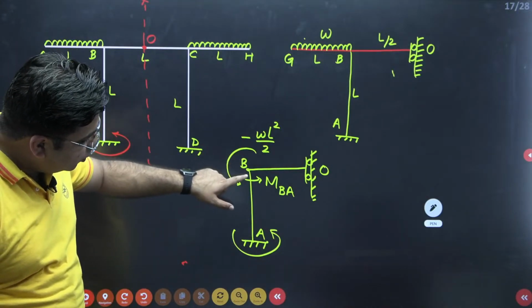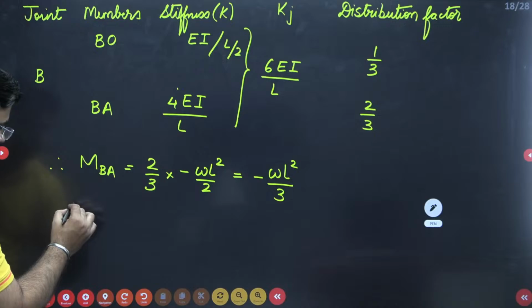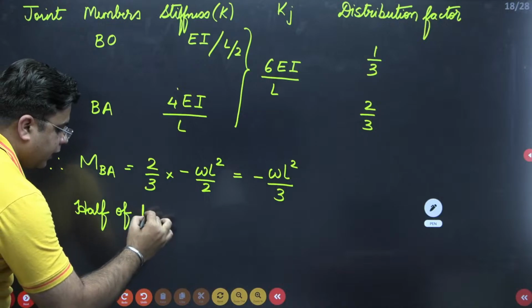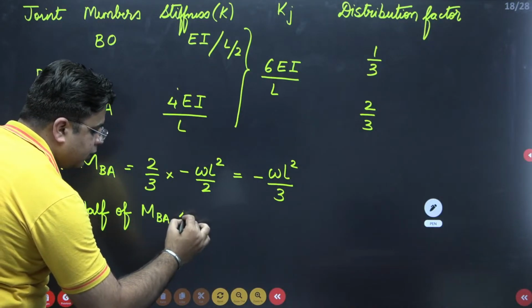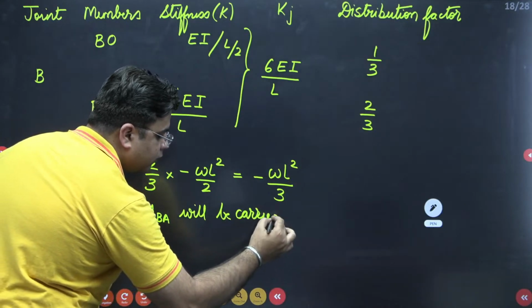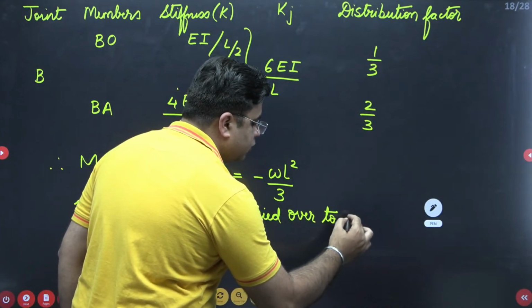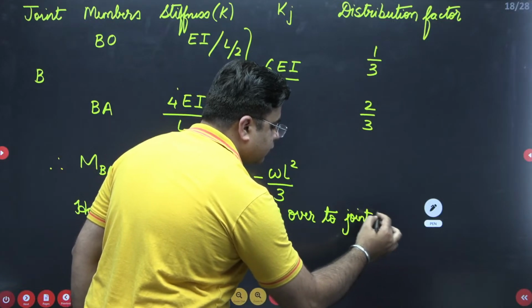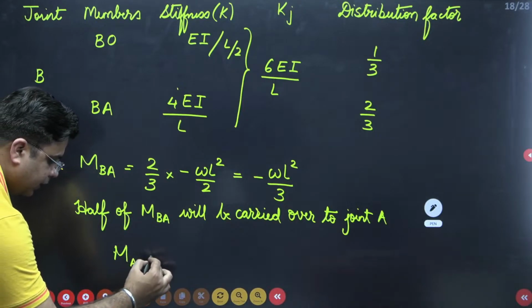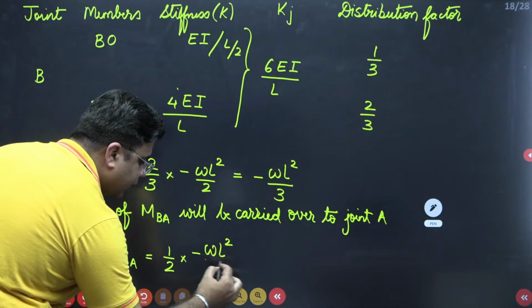So half of this moment MBA will be carried over to joint A. So the moment at support A is equal to half of minus WL square by 3.